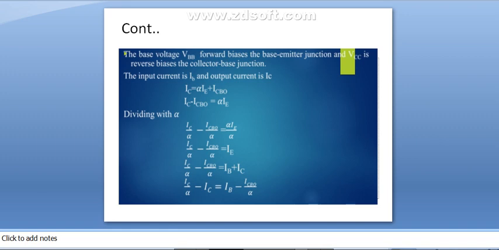Dividing by alpha, we get IC by alpha minus ICBO by alpha equal to IE. In place of IE we can write IB plus IC. So from this we get IC by alpha minus IC equal to IB plus ICBO by alpha.